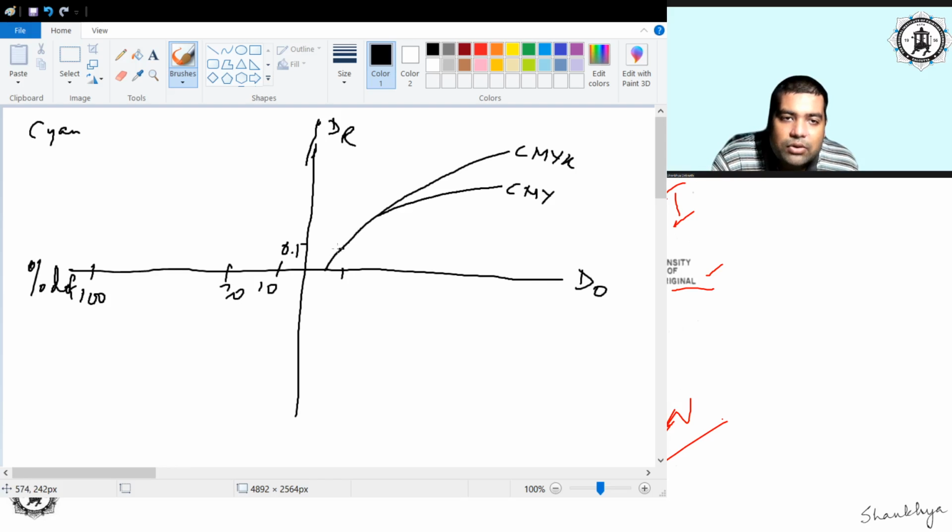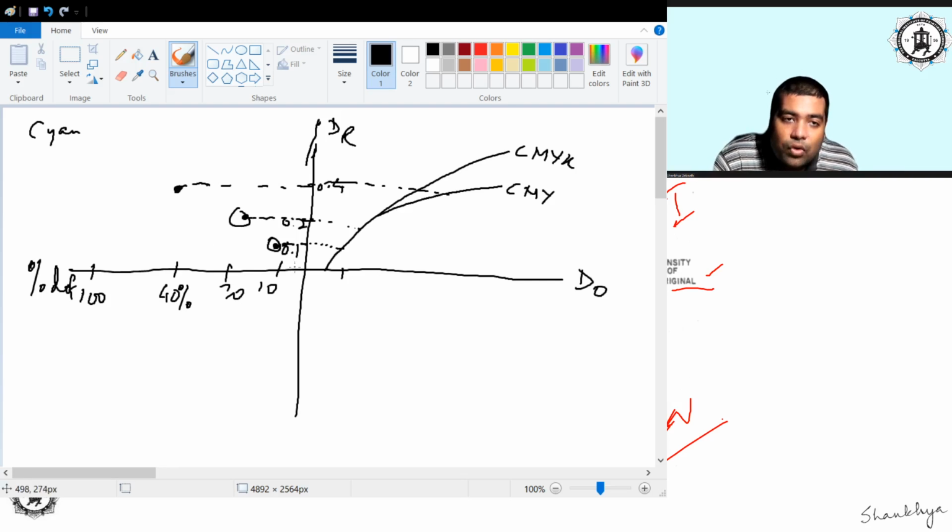So like this, you get a point like this. Okay, this is the first point. Similarly, for a density of 0.2, you get another point like this. Okay, similarly, for another, maybe this is 0.4. In this situation, you will get a point like this, and maybe that will be obtained by a dot percentage of, let us say, 40%, let us assume. Okay, so we'll get another point like this.